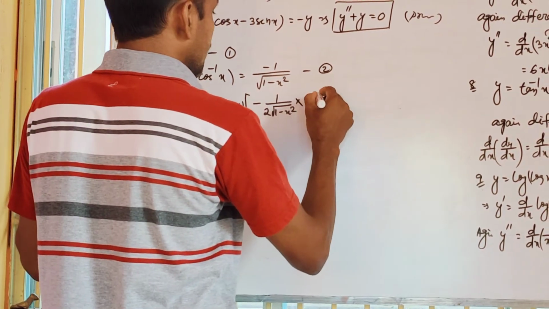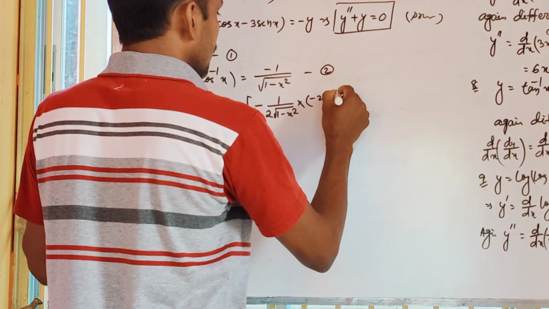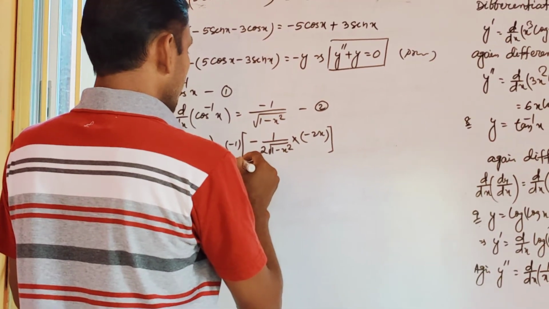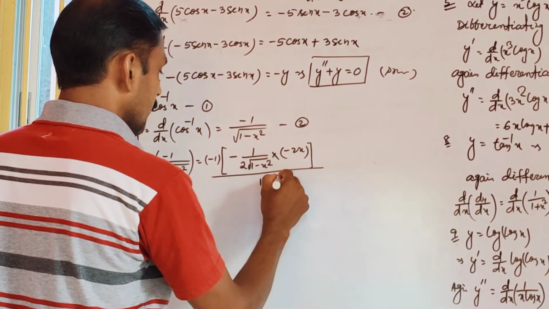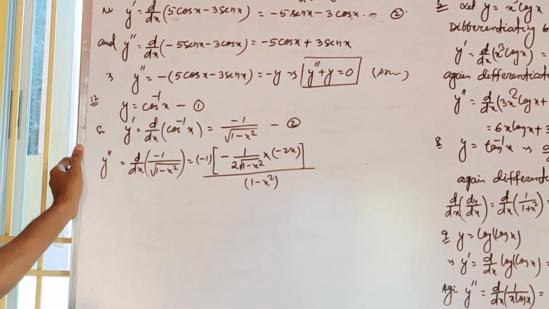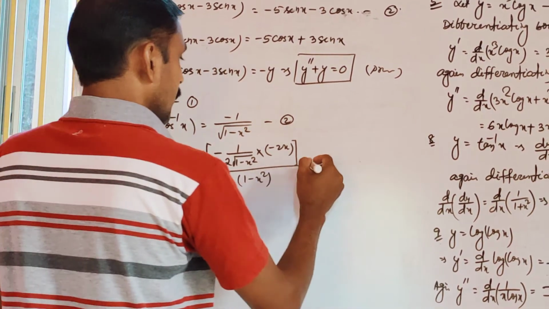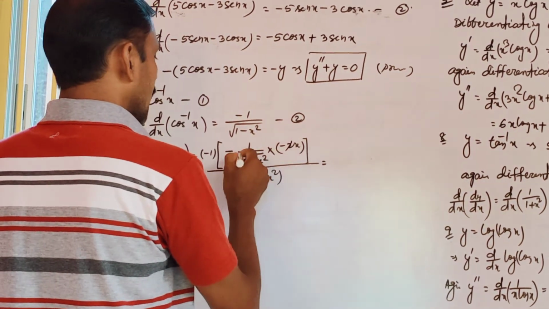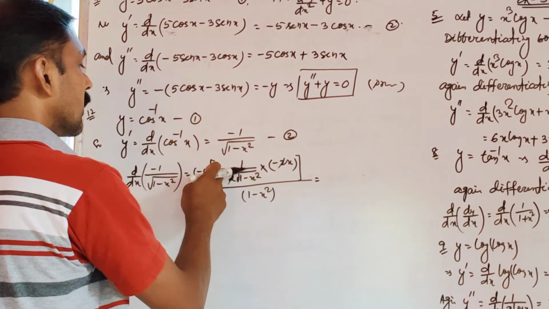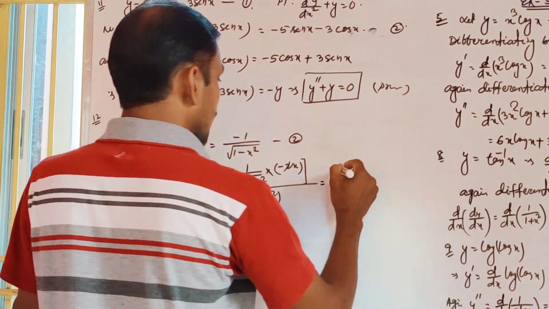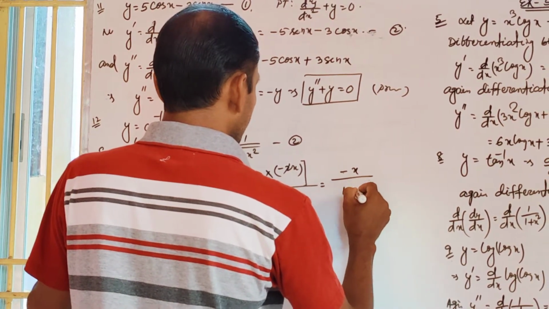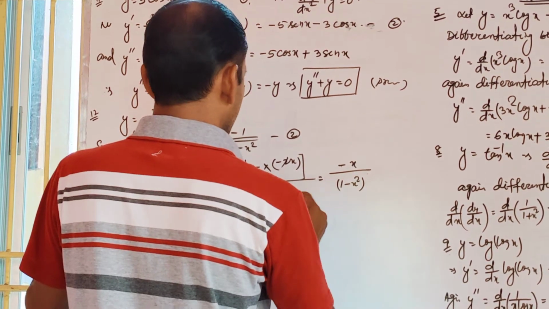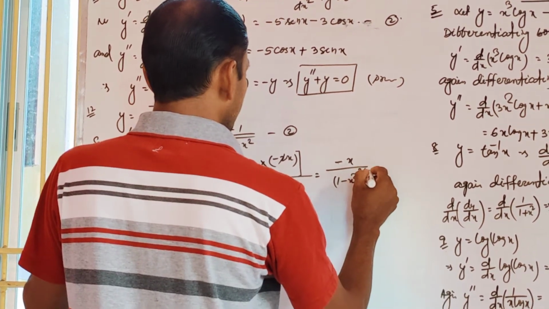Derivative of 1 minus x square is minus 2x, whole divided by square of the denominator. So the 2 cancels, minus into minus into minus, 3 minuses are there, that is minus x by 1 minus x square to the power 3 by 2.